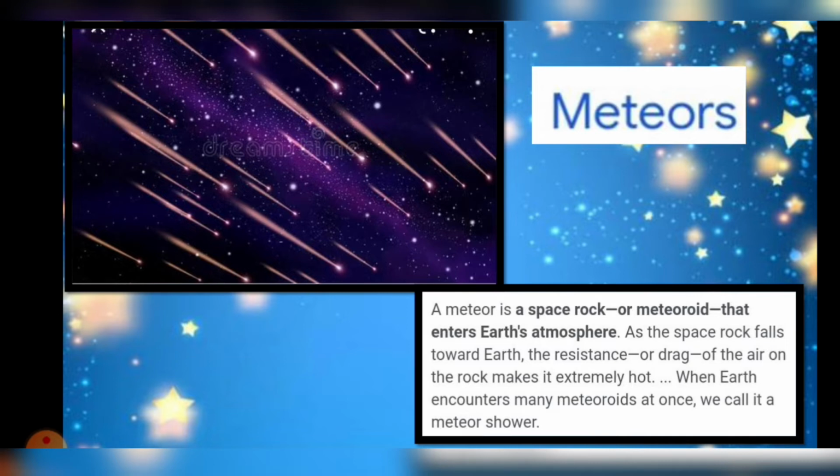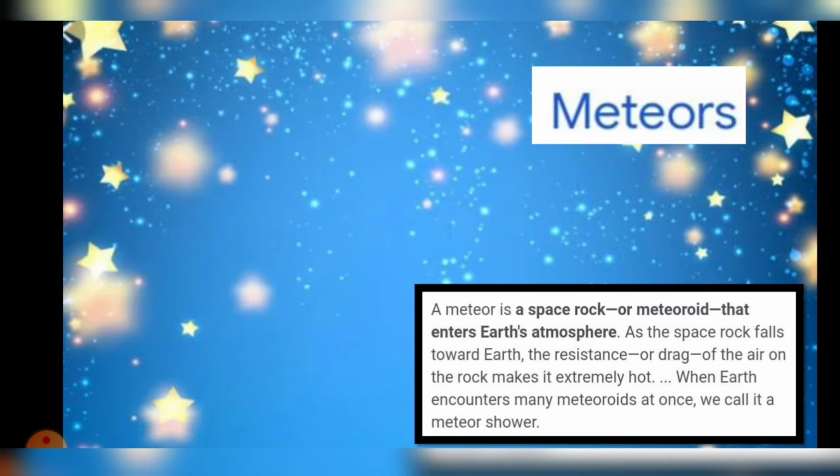When Earth encounters many meteoroids at once, we call it meteor shower. So when all the meteors fall together, we call it meteor shower. As you can see in the picture, this is a space rock that actually enters the Earth's atmosphere just like asteroid.